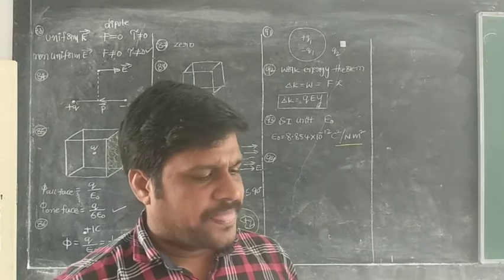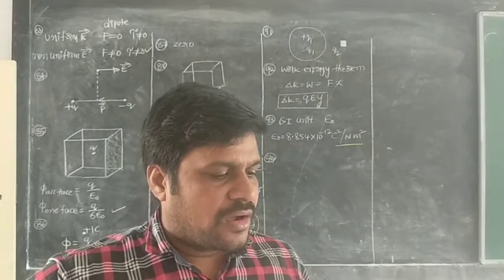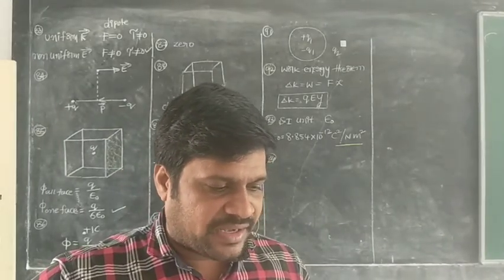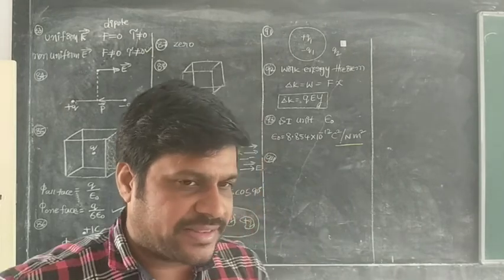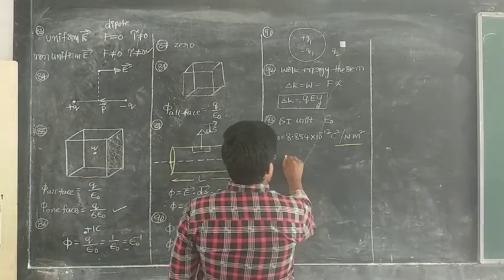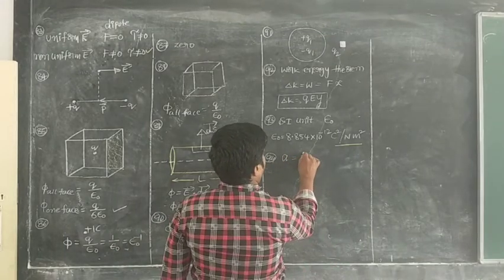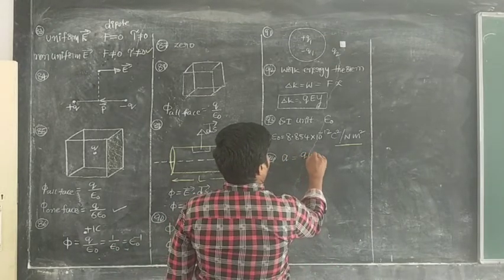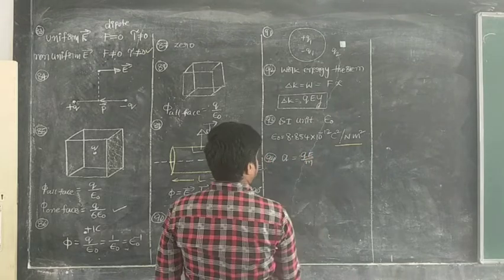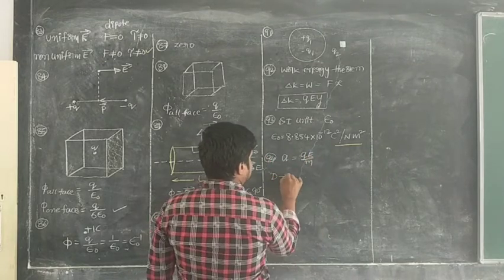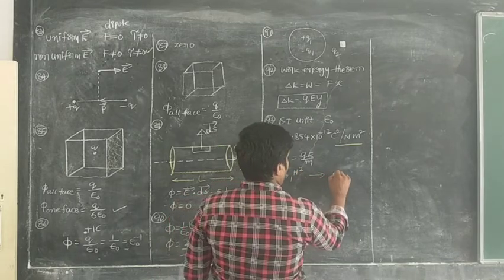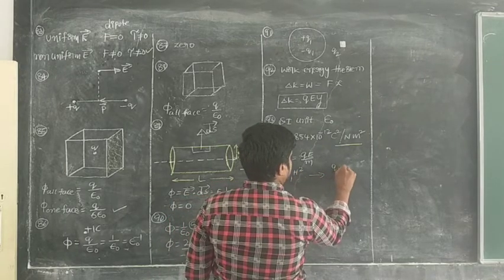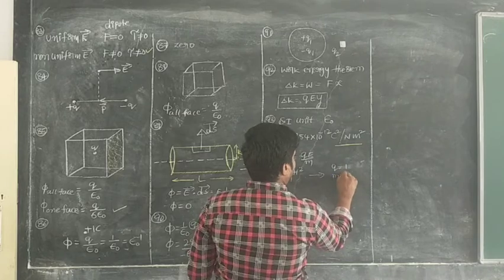Next, a deuteron and a proton are projected in the same electric field. What is the ratio of acceleration experienced by them? Acceleration experienced by a charged particle is qE divided by m. Deuteron means we can write 1H2, so the charge value q is 1 and the mass value m is 2.